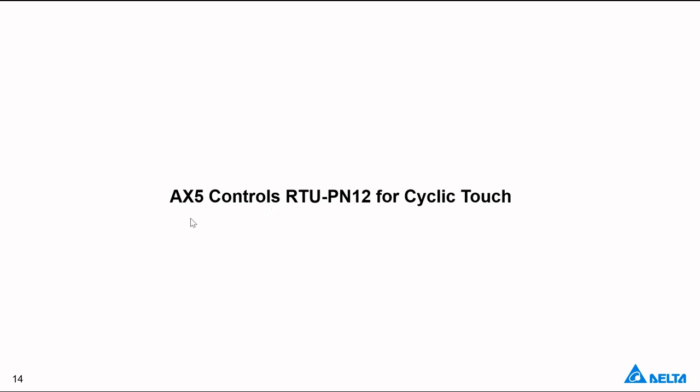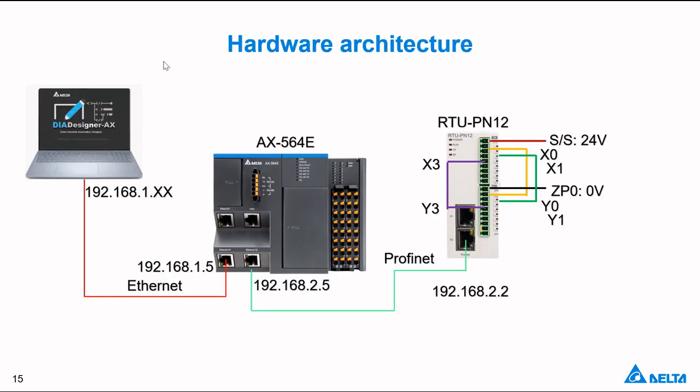And the third example is AX5 controller RTU PN12 for the cyclic touch, and we also call it the capture function. And the hardware connection is the same as the high plus and high speed counter, but here we have more digital output and input, Y3 to X3.